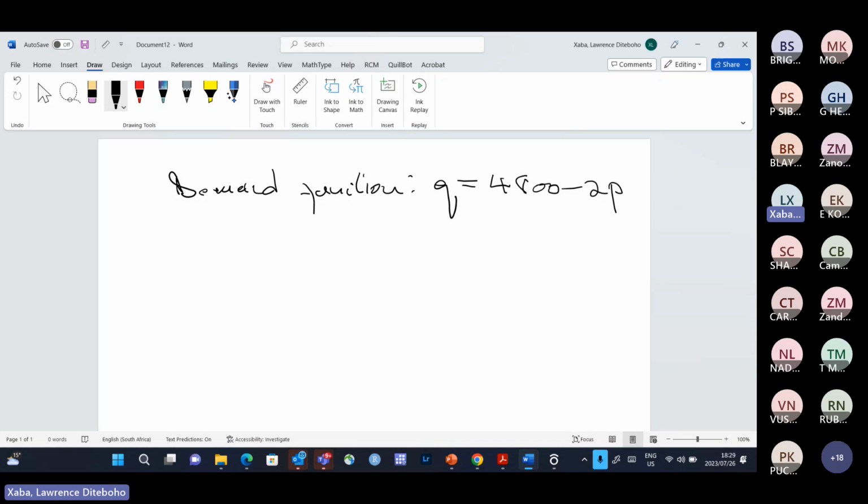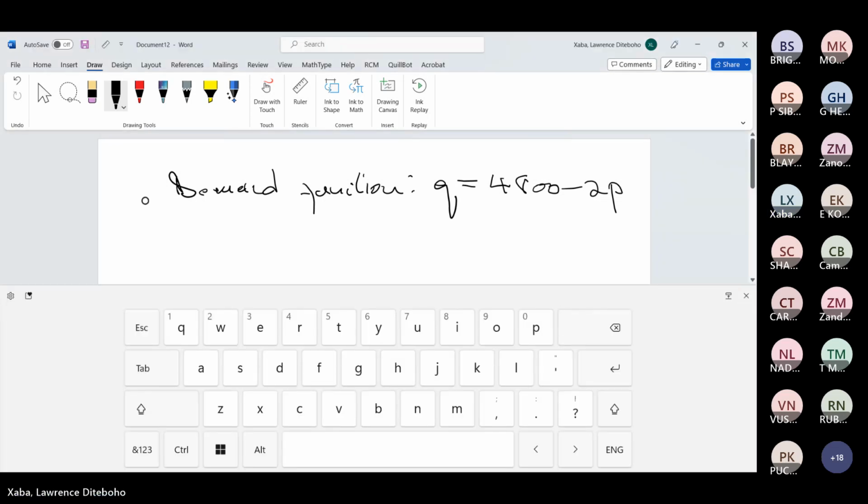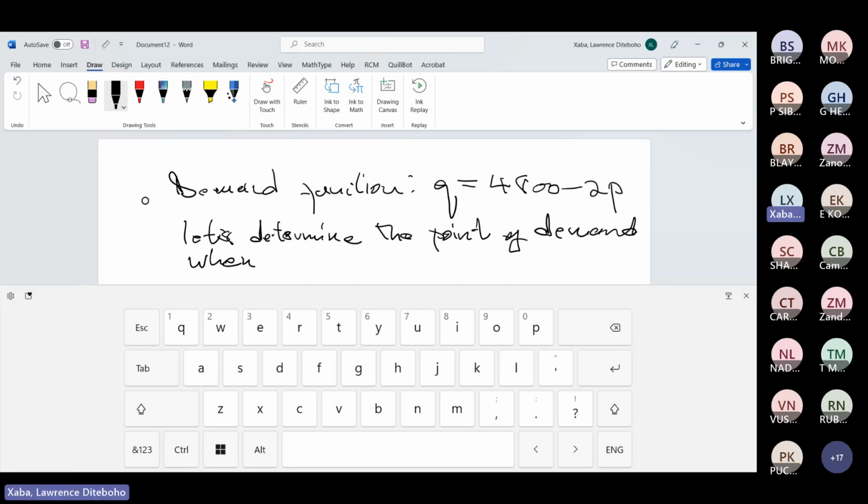The question continues, let's determine the point elasticity of demand when we are given various prices.